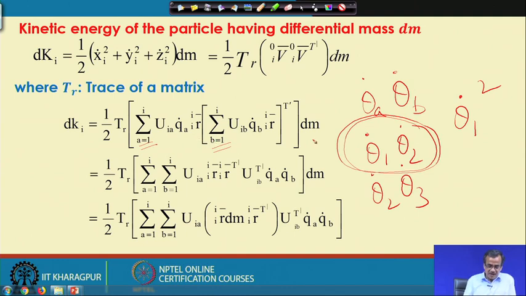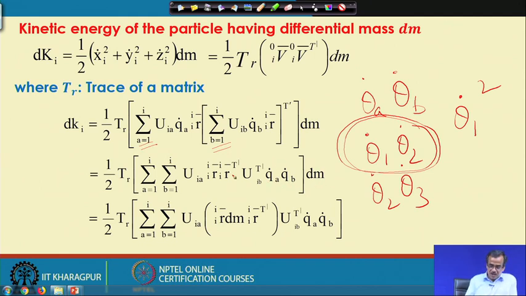Now, once I have written like this, we can rearrange in this format: half trace, summation a equals 1 to i, summation b equals 1 to i, u_ia, r_i with respect to i, r_i with respect to i transpose, then u_ib transpose, then q_a dot q_b dot dm.